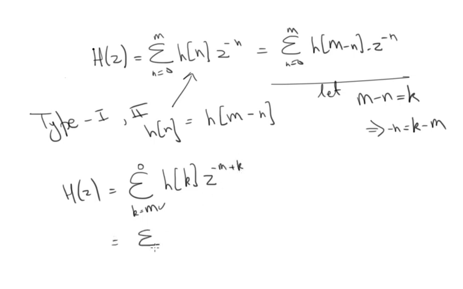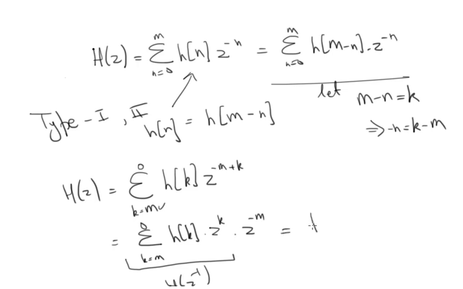Which is equal to the sum from k is equal to m to 0 of h of k z raised to power k into z raised to power minus m. This is equal to h of minus z, h of z inverse. It means h of z inverse into z raised to power minus m.